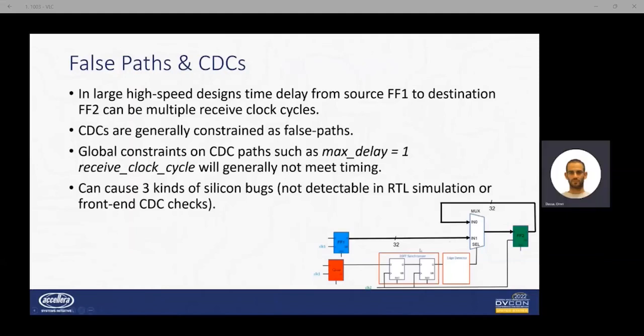If we don't make sure that the skew between the data and the qualifier is correct, we can have three different silicon bugs. The silicon bugs are not detectable in RTL simulation or at front-end CDC checks. So this is a major issue, and we have to make sure we detect those bugs in time, or we'll have silicon bugs.